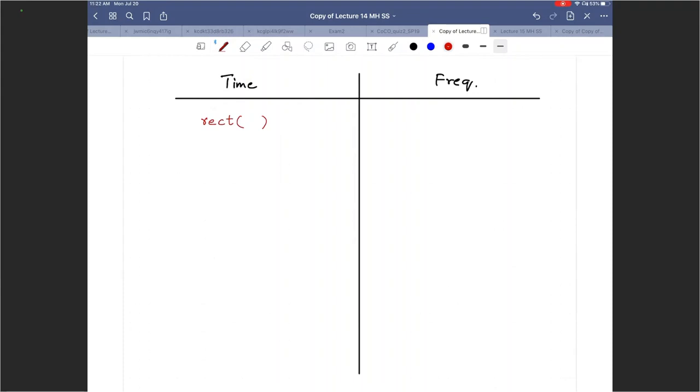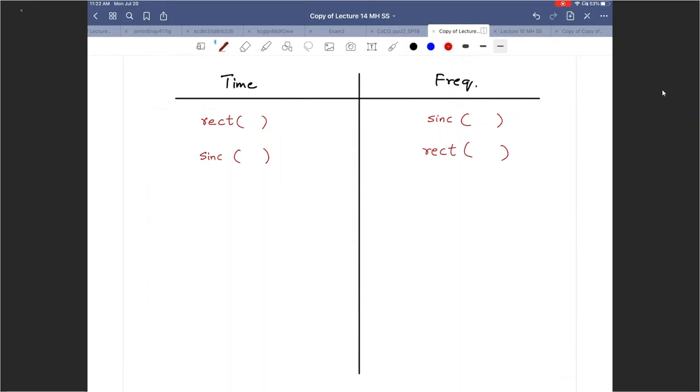If you had a rectangle in the time domain, what would you have in the frequency domain? All right, Ryan says sinc. Absolutely right. Now, what if you had a sinc in the time domain? What would you have in the frequency domain? Rectangle is right.